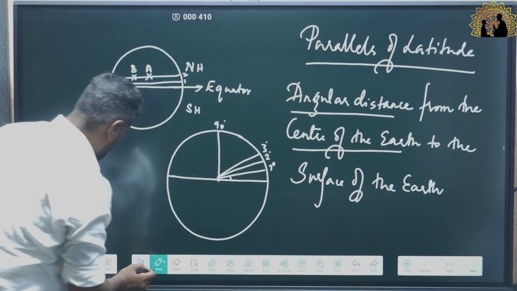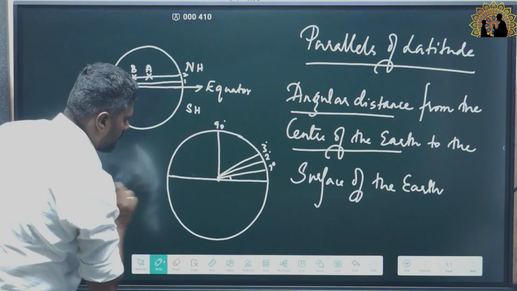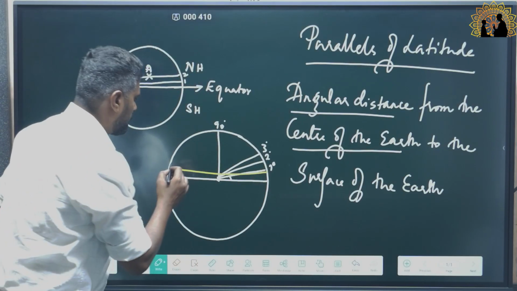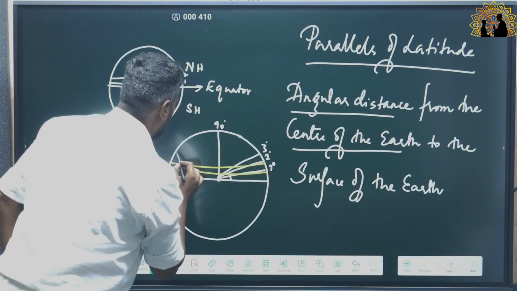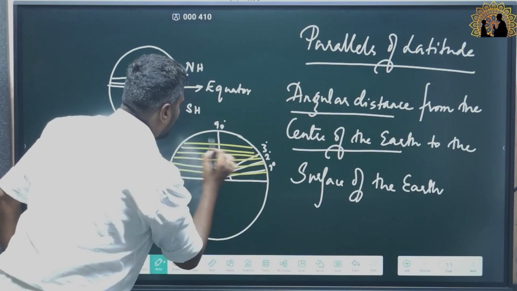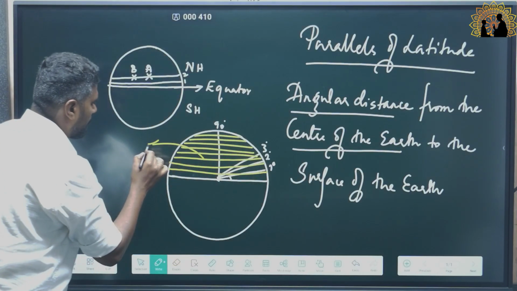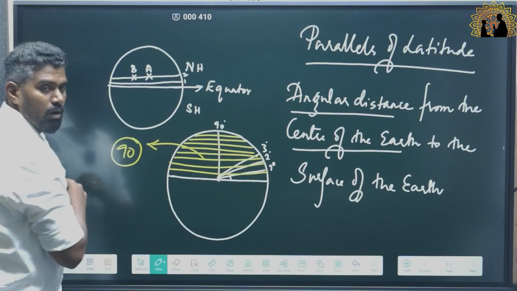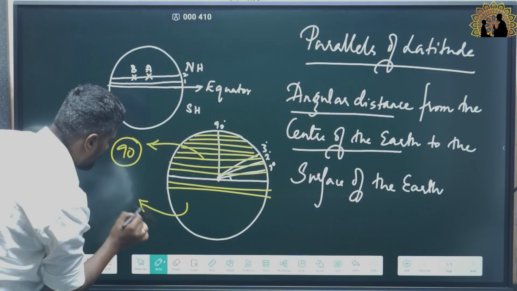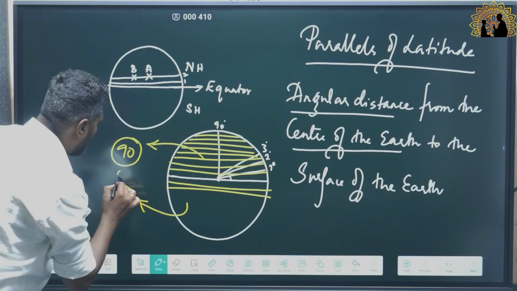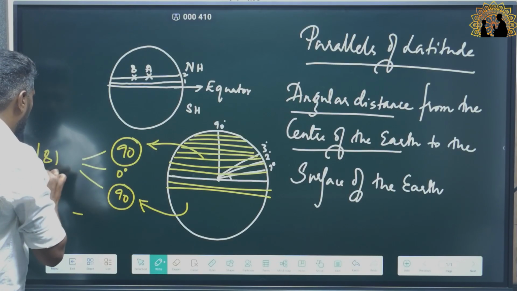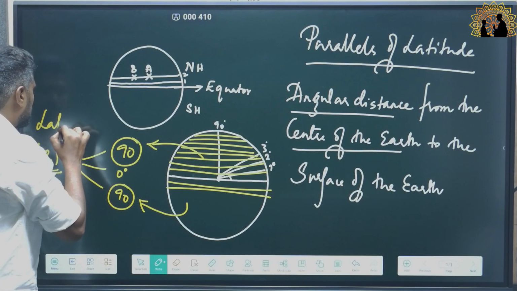So this is 1 degree latitude, 2 degree latitude, 3 degree latitude. Like that, I can draw 90 lines on one hemisphere, and similarly 90 lines on the other hemisphere, including the equator. So in total we can have 181 latitudes.